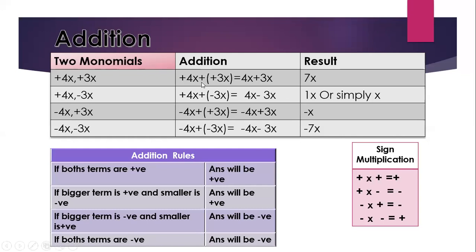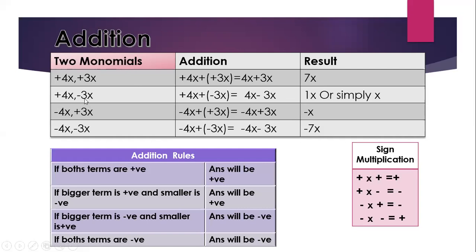I have seen in the assignments that you people did not remove the commas. For addition, you have to remove these commas and convert them into the sign of plus. Why? Because this is a question of addition. Now, if both the terms contain plus signs, we get 4 plus 3, 7.